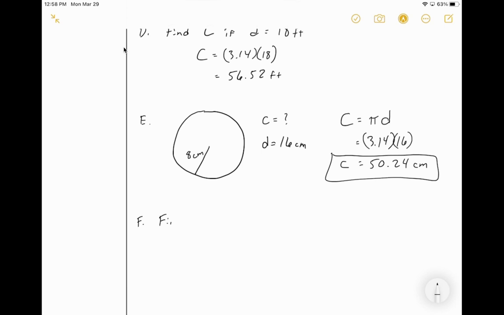Find the circumference if the radius is equal to, let's say, 4.5 meters.